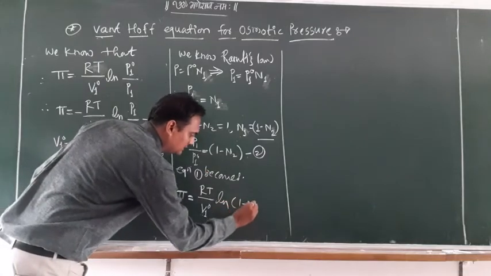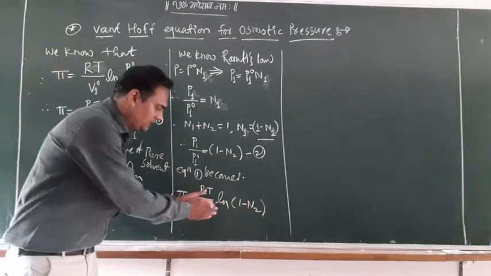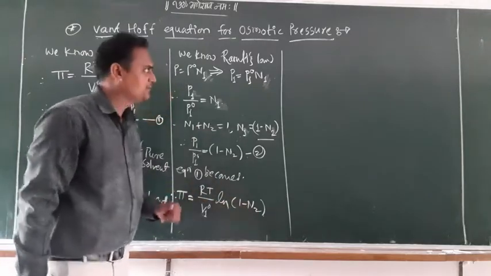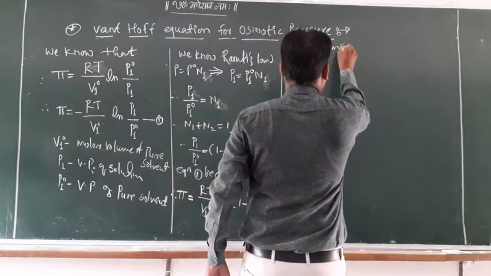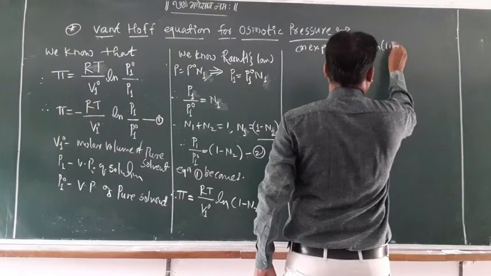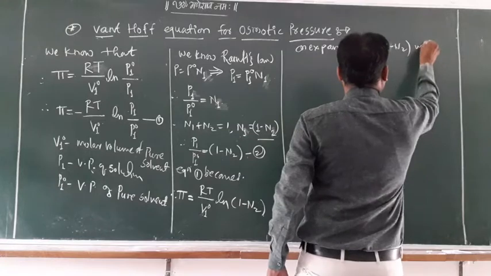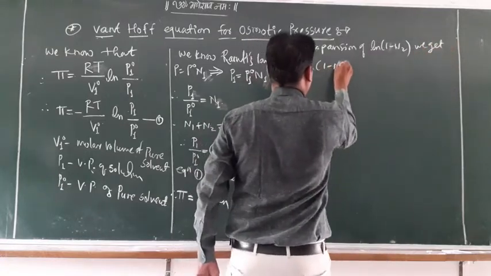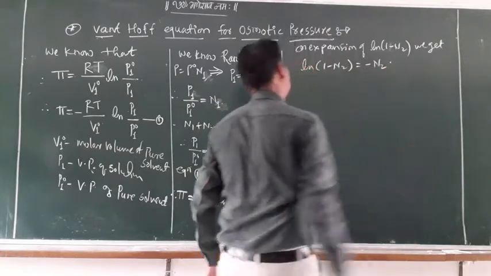So ln of 1 minus N2, and we know that on expansion of ln of 1 minus N2 we get ln of 1 minus N2 is equal to minus N2.